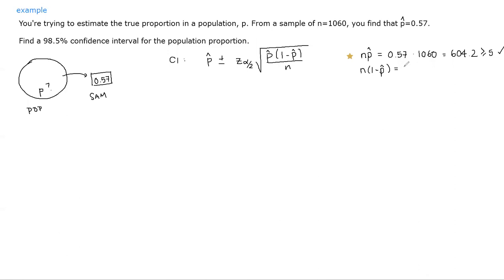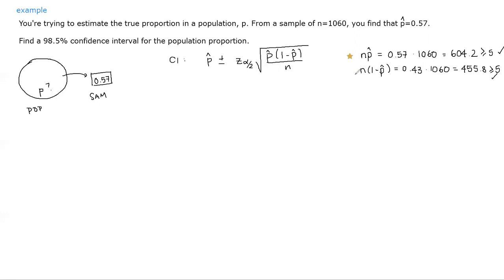And over here, this is going to be 0.43 times 1060, which is going to be equal to 455.8, and this is also larger than 5. We don't worry too much about why this needs to be true, this just comes from the math that somebody else did for us, but we do need to make sure that these things are satisfied.